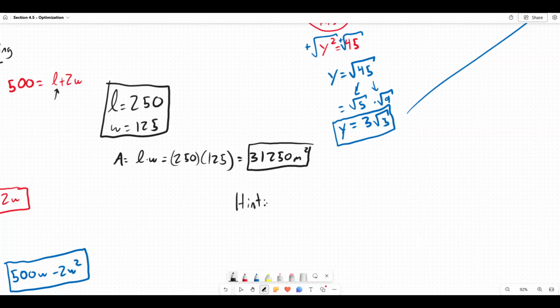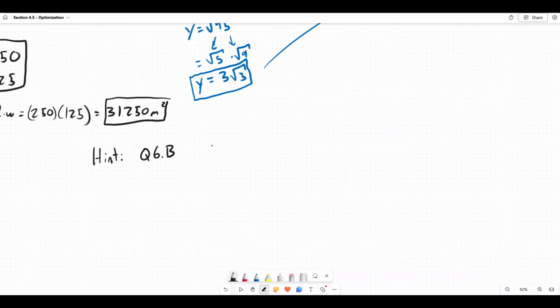Hint. Part B, by the way, this is question number 6. Same thing, but we have our barn.